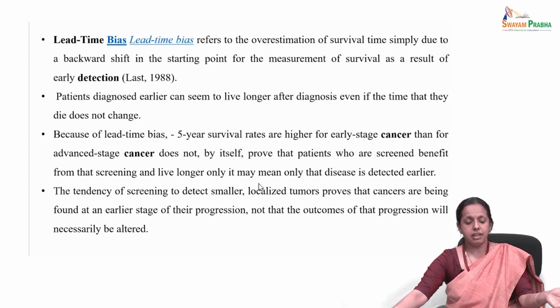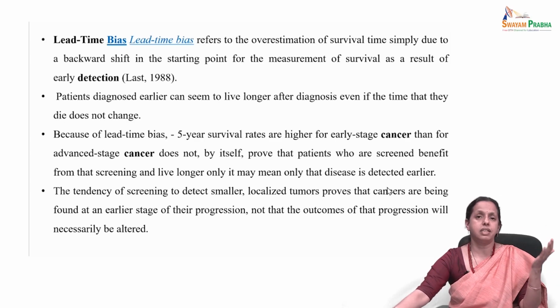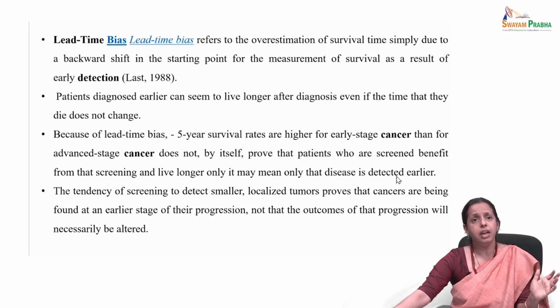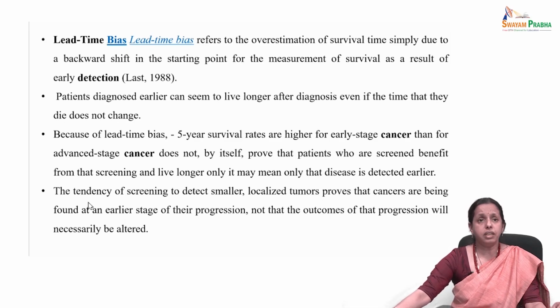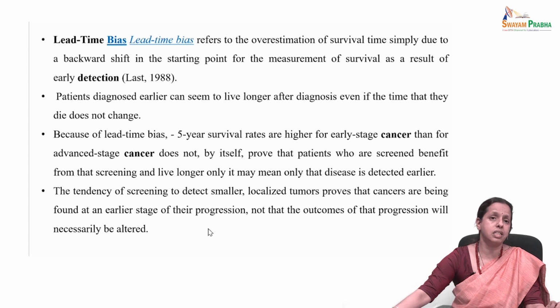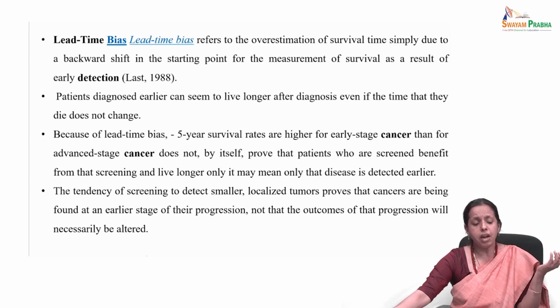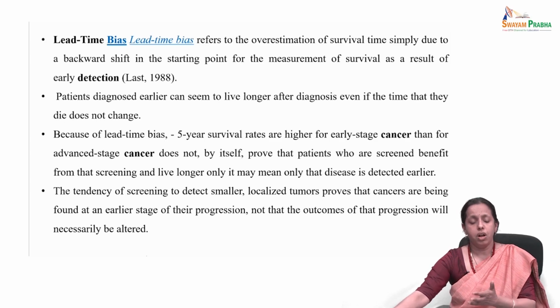It may only mean that the disease is detected earlier. The progression of the cancer may not be altered just because it was detected earlier. The tendency to detect smaller localized tumors proves that cancers are being found at an earlier stage of their progression, but it may not mean that the outcomes may be altered. So, keep in mind that detection and progression of the tumor are entirely dependent functions.